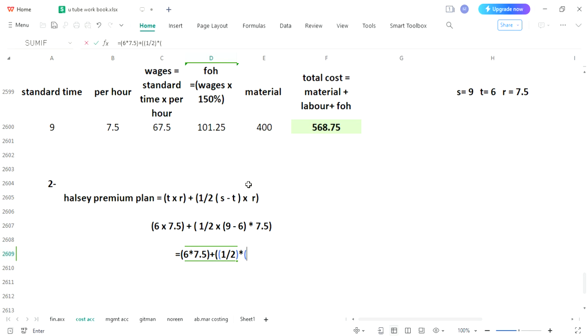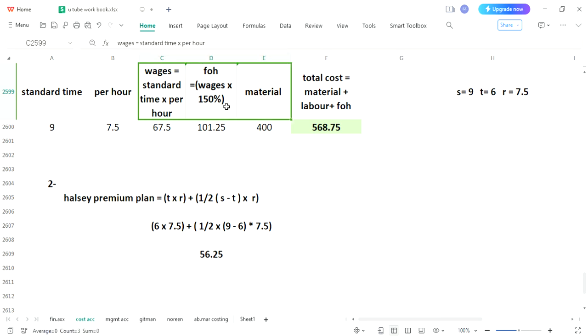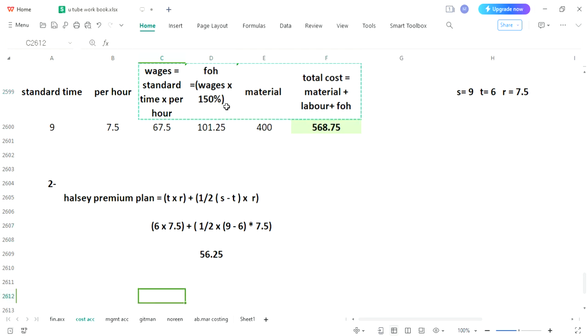So we can skip one step. 9 minus 6 is 3, and 3 multiplied by 7.5. So you can directly write 3 multiplied by 7.5. Now we will close our brackets, two brackets here, two brackets here, so we can now calculate. 56.25 is your amount of wages. After calculation of wages, we will follow this statement, and the same statement we will use for our next step.